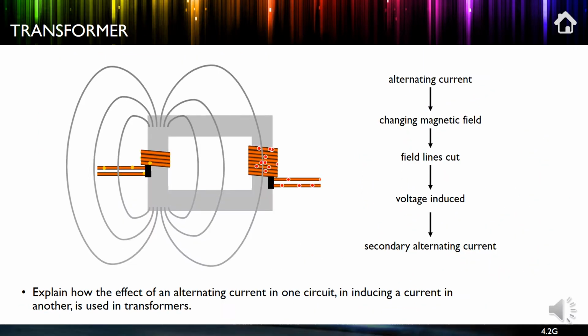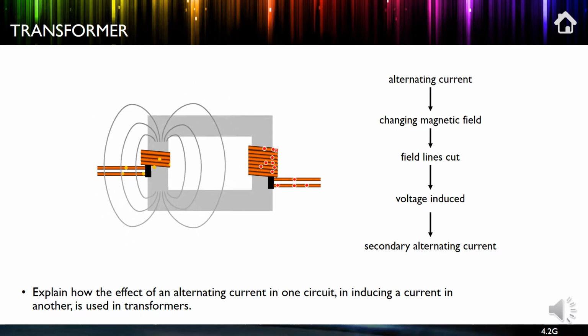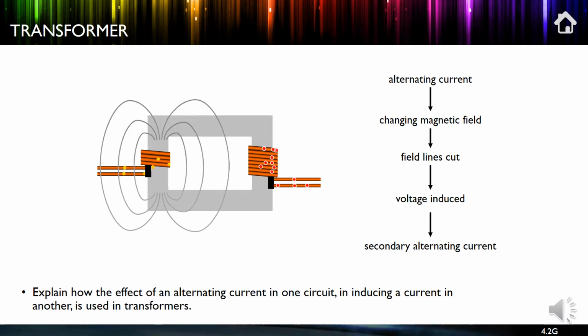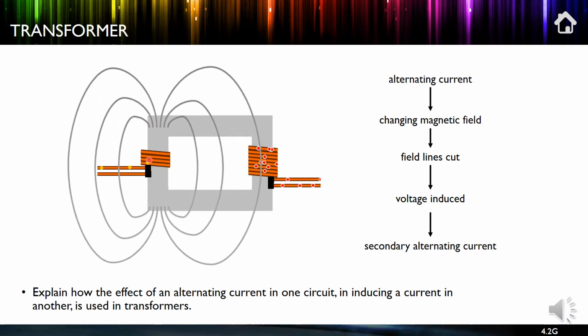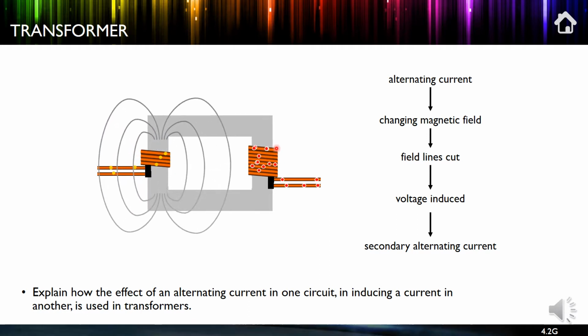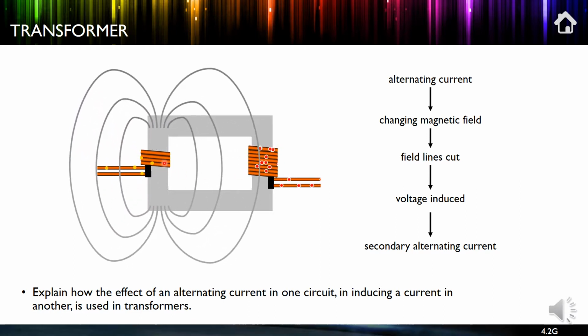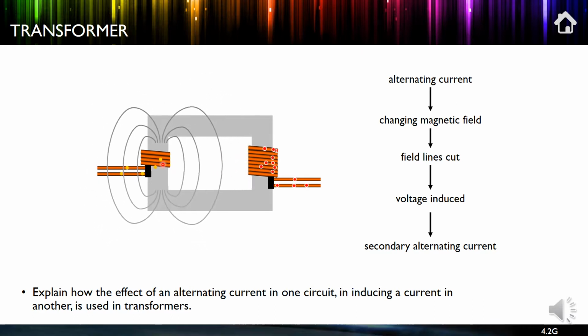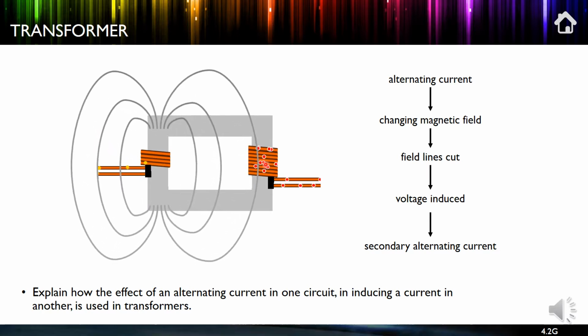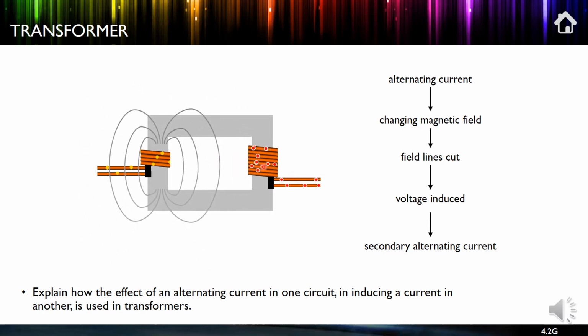So moving on then to the transformer. A transformer uses both these effects really, and if we follow through what's happening here, we've got a coil here, the primary coil, and we've got the secondary coil here, and as you can see there are more turns here. Now the color here is, I'm using the color of the electrons. They don't really have color, but just to give us the idea, the voltage here is low and the voltage here is higher, and the reason it's higher is because there's more turns.